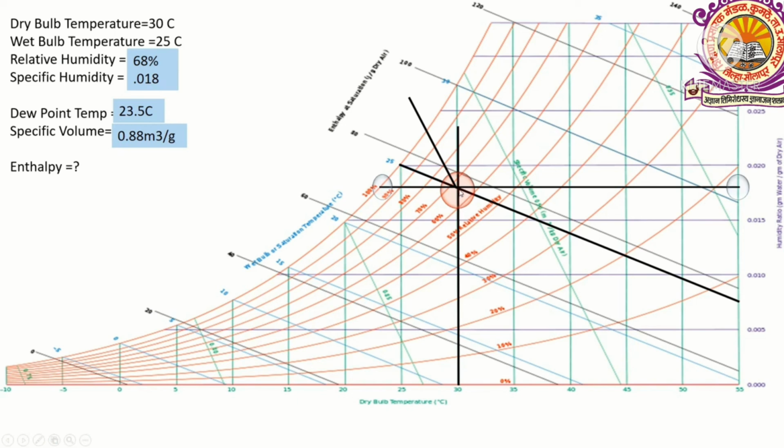The next property is enthalpy. This wet bulb temperature line you extend to the enthalpy scale, where we measure the enthalpy, which is between 60 and 80 and nearest to 80, so its value is 75 joule per gram.